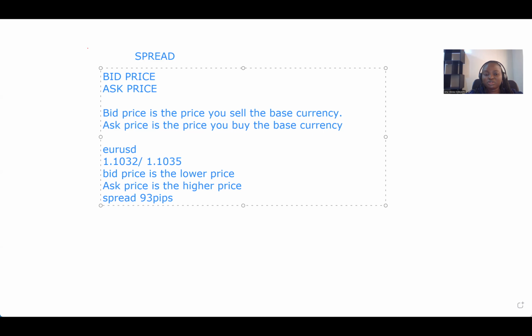The spread is the transaction cost for every trade you pick, and it is charged by the brokers. That is how the brokers also make their money.